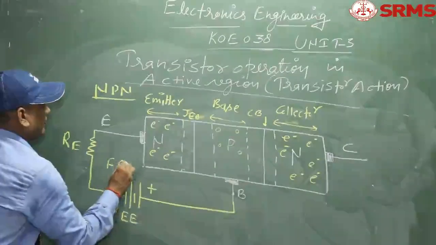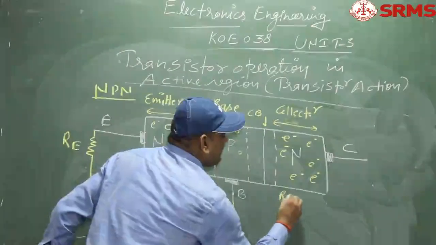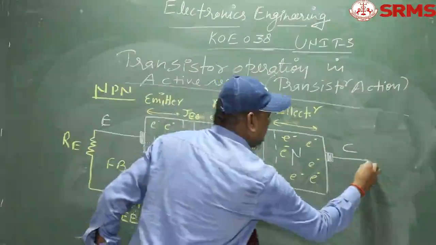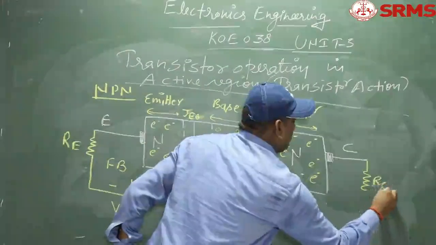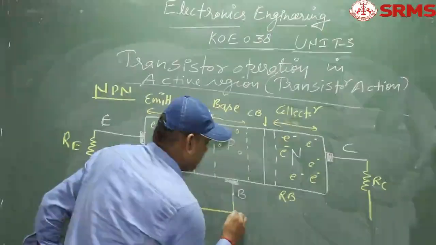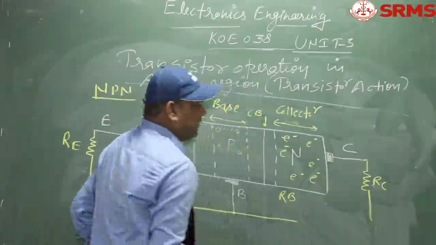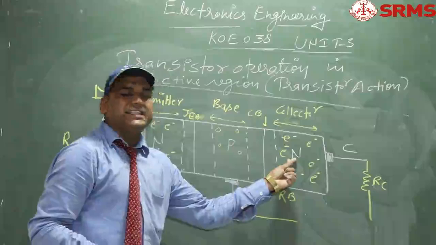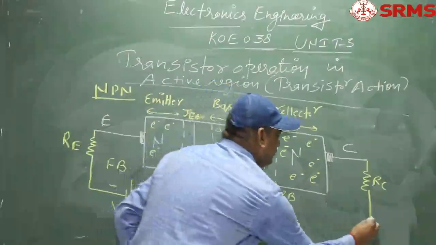So this must be forward biased and this must be reverse biased. And if you want to make it reverse biased, that means the N side must be positive.